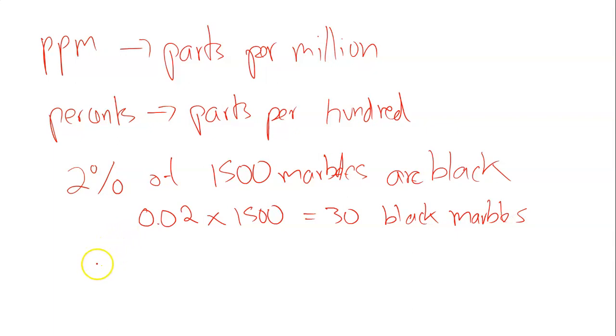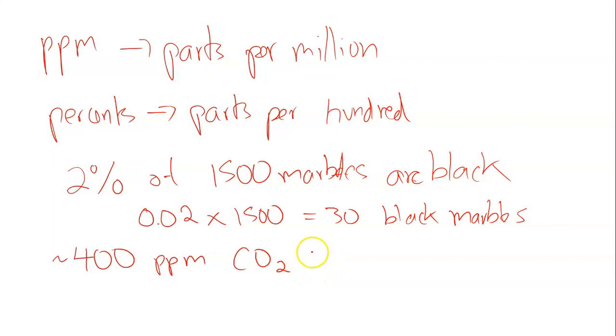So parts per million works in exactly the same way, or in a completely analogous way, except now instead of parts per 100, it's parts per million. For example, in our atmosphere, we know that we have approximately 400 parts per million of CO2, carbon dioxide.